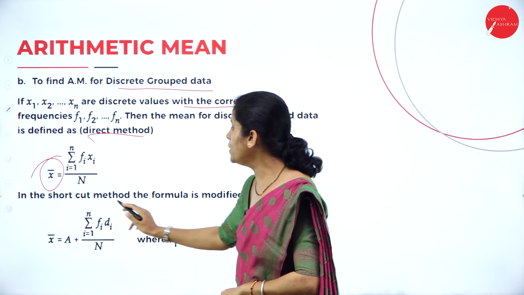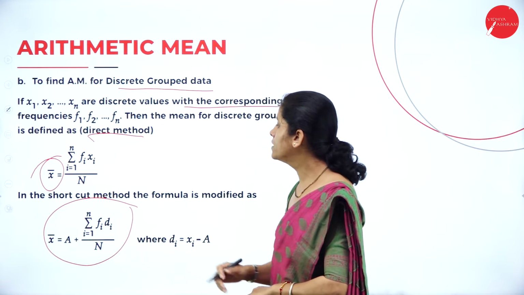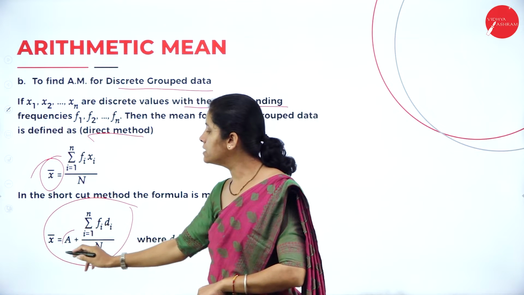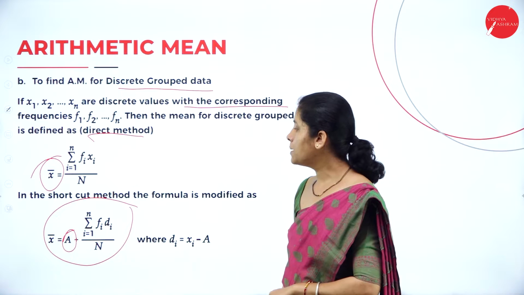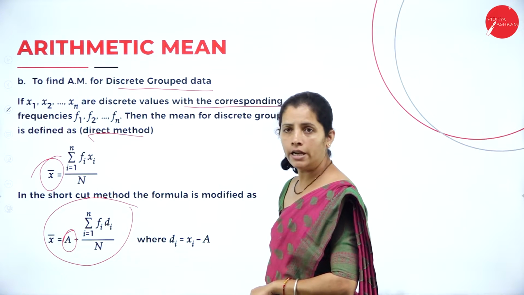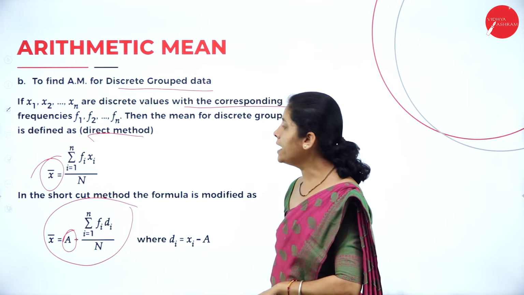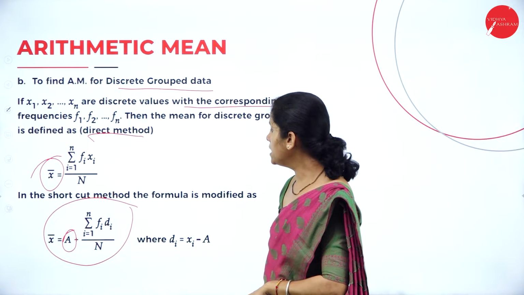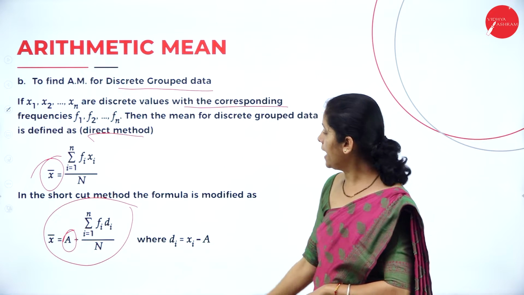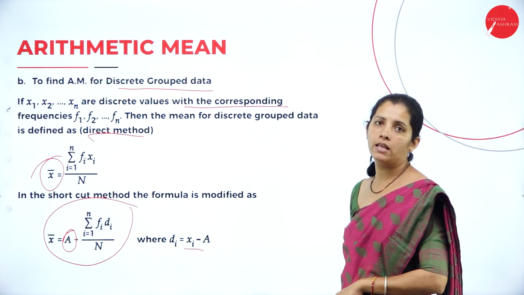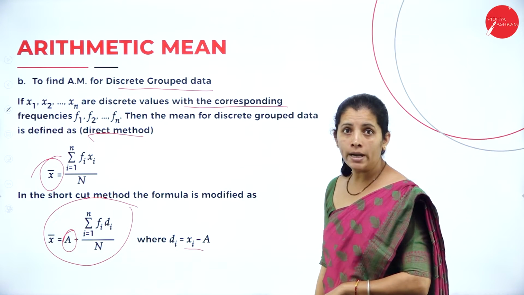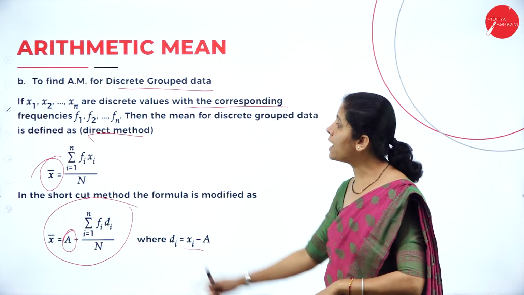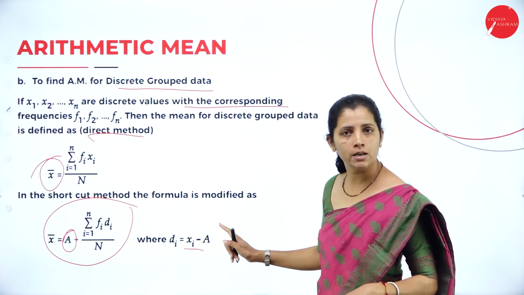With the shortcut method, I consider the assumed mean A, and the mean is A plus summation of fi into di divided by n, where di is xi minus A, the assumed mean. So in discrete grouped data also, I have the direct method and the shortcut method.